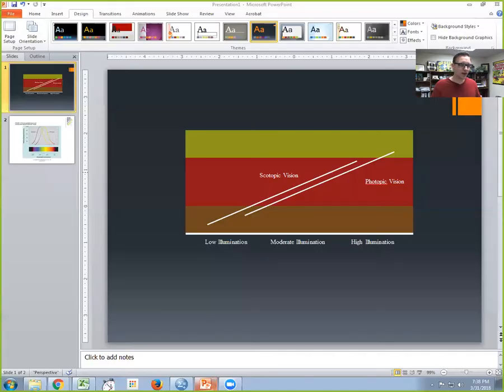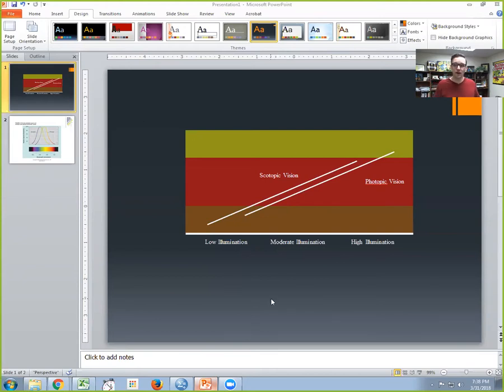In these situations, so moderate illumination, both photopic vision and scotopic vision are co-occurring. So the majority of the day, both your rods and your cones are concurrently active.